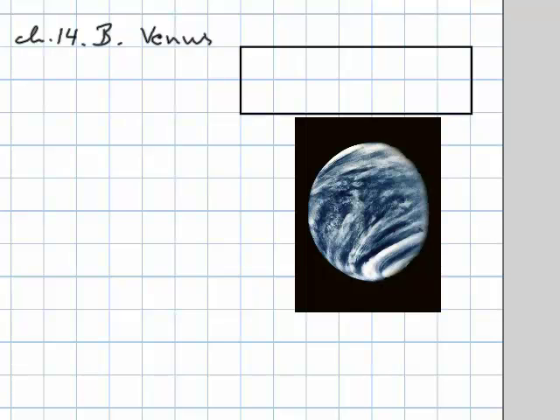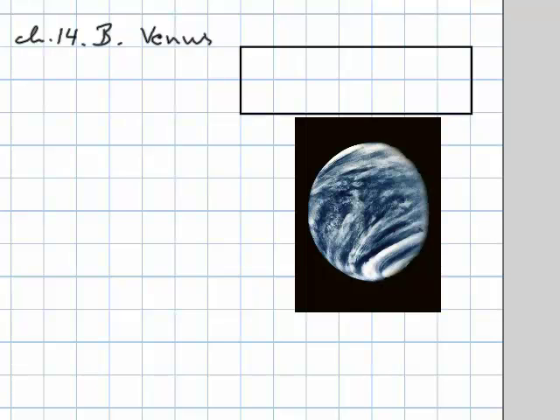Okay, let's see. Something about the numbers. It says that the pressure on Venus is 9 million pascals compared to 100,000 pascals on Earth. That means that the pressure on Venus is 90 times higher than it is on Earth. The temperature is 740 kelvins, which puts us in the neighborhood of some 900 Fahrenheit.